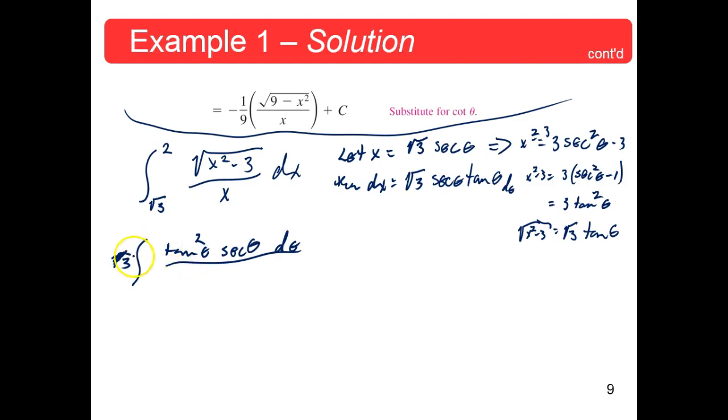The x was root 3 secant theta. Well, that takes us back to a root 3 again, right? I probably should have left them all in there. Secant theta. Well, that's good. The secant thetas go away, right? So we're left with that integral. Root 3 times the integral of tangent squared theta d theta. Let me make sure I haven't done something stupid here. Nope, that's exactly right.